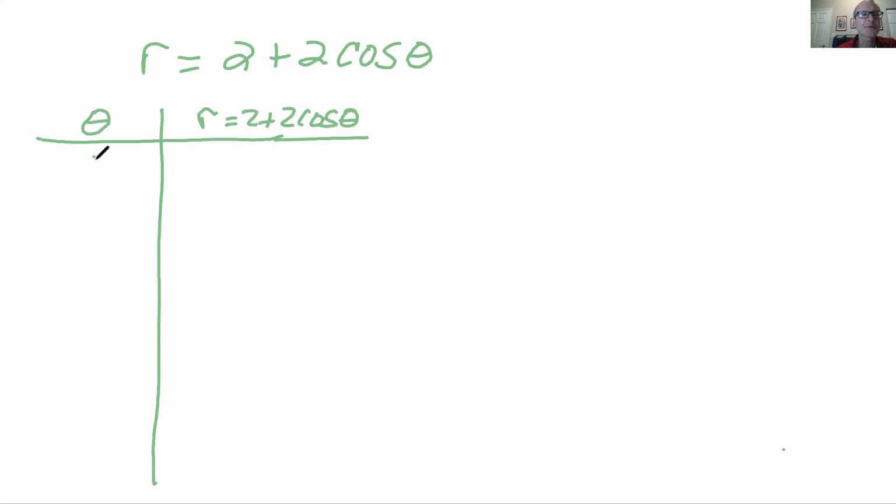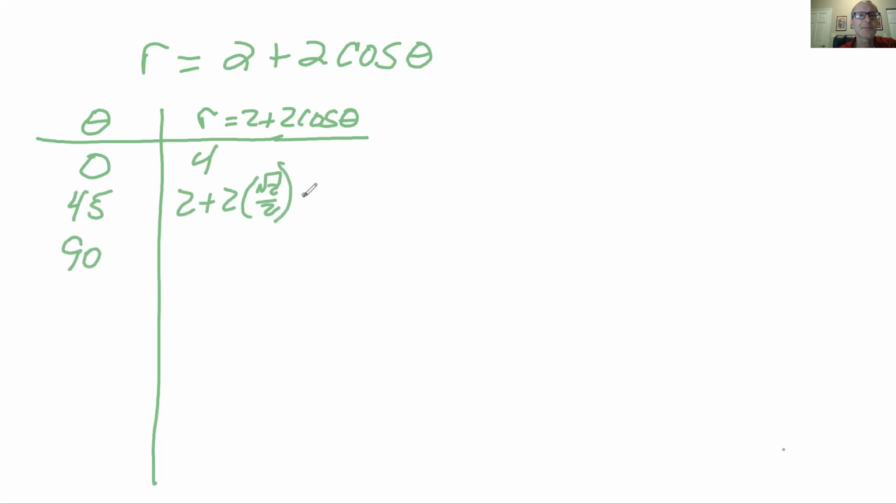When theta equals 0, 2 plus 2 is 4, right? Because cosine of 0 is 1. And again, I'm going to skip the 30 degrees and just do 45. So here you would get 2, and then it would be plus 2 times what? Square root of 2 over 2.